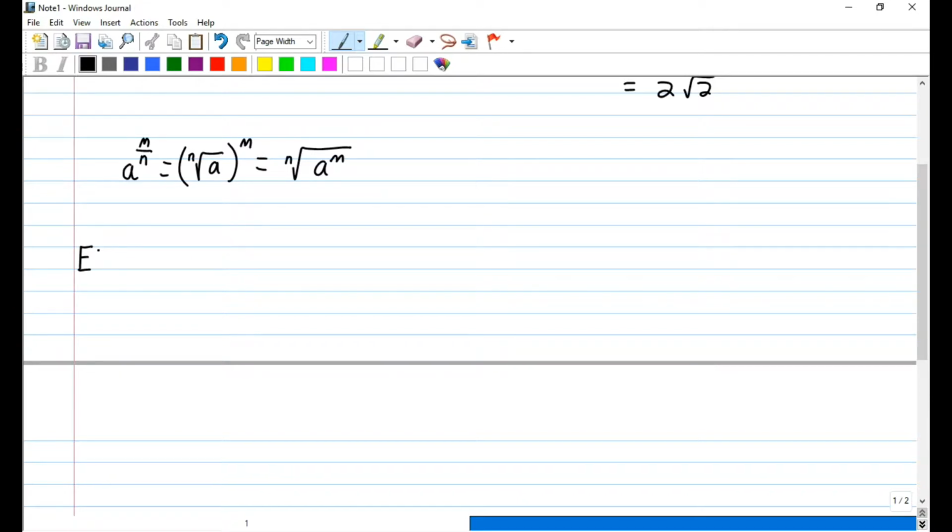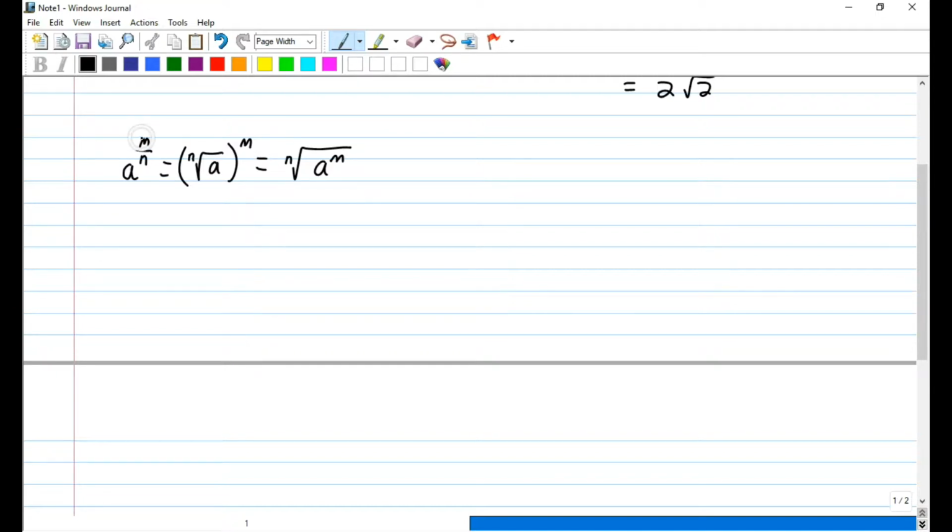Either the top number, the numerator of the fractional power, is going to be odd or even, right? So it's going to be an odd number or an even number. All numbers have to be either odd or even, right? Except one that I can think of, except 0, and if they're whole numbers.